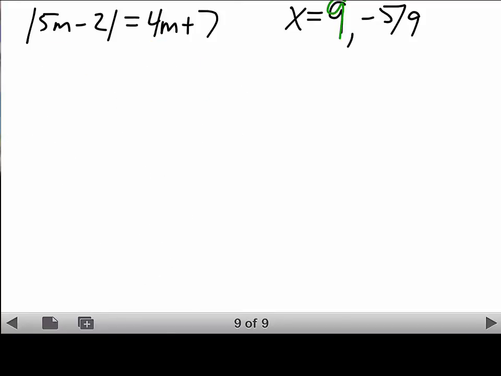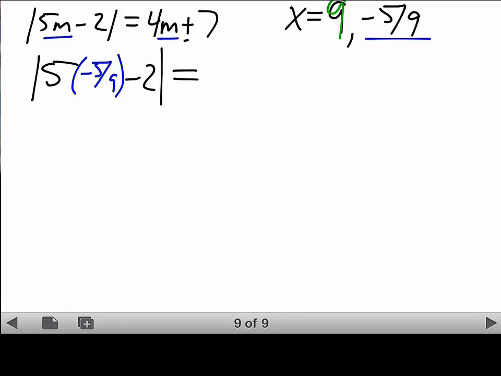Now we'll check the solution x equals negative 5/9 by doing the same thing we just did. On the left-hand side, we have in the absolute values 5 times negative 5/9 minus 2. On the right-hand side, we have 4 times negative 5/9 plus 7.